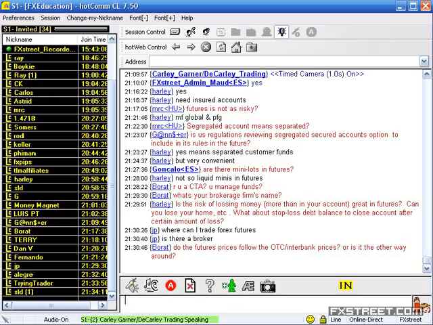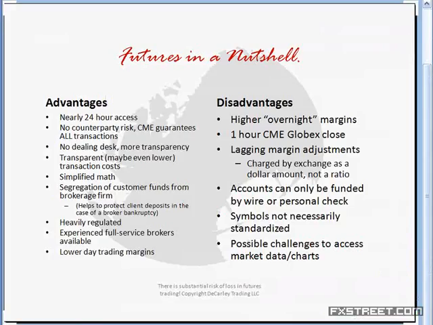One of the big disadvantages of futures as opposed to Forex is that Forex was built during the heyday of technology. Forex has always had very nice, very high-tech trading platforms. That's what the industry was built upon, and that's how it competed with the futures market and the stock market.